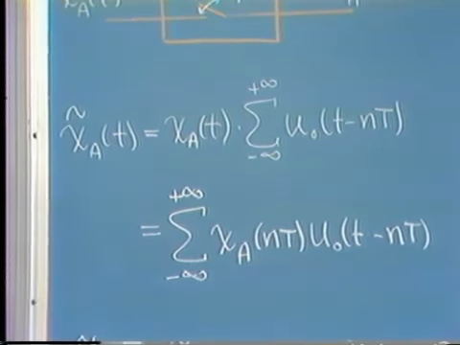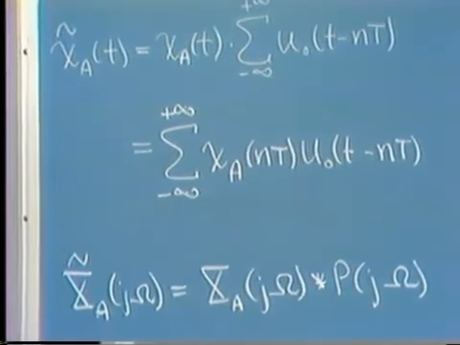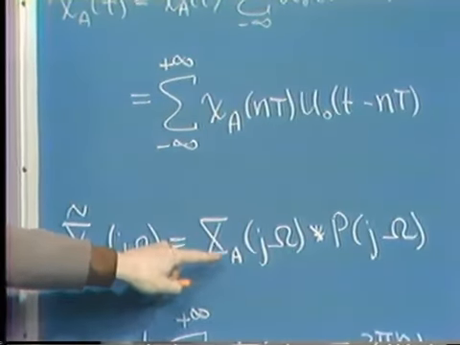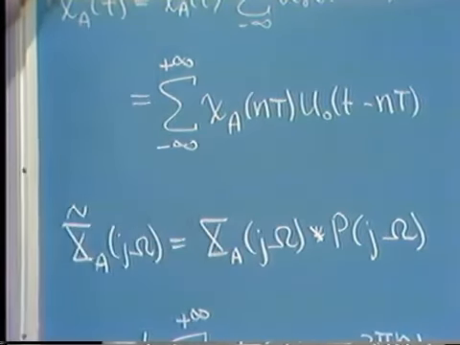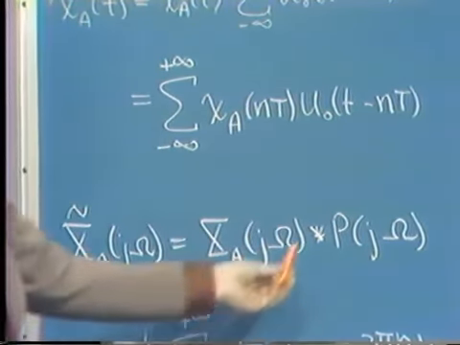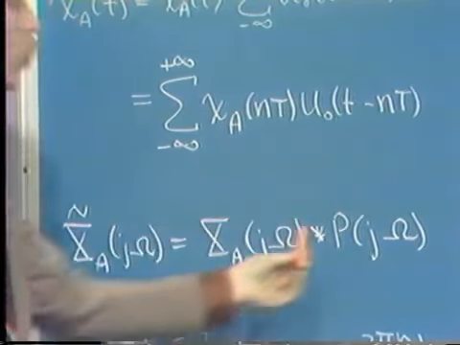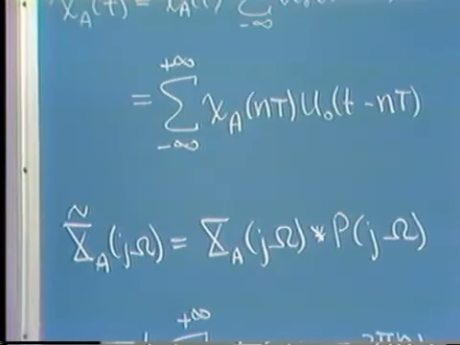Now, in the Fourier transform domain then, the continuous time Fourier transform is the convolution of the continuous time Fourier transform of x sub a of t with the Fourier transform of the impulse train, which is an impulse train in the frequency domain. That's a result that you should be familiar with for continuous time signals.